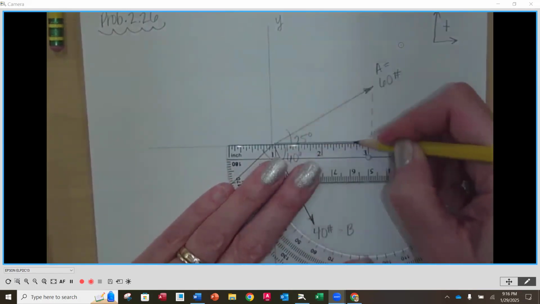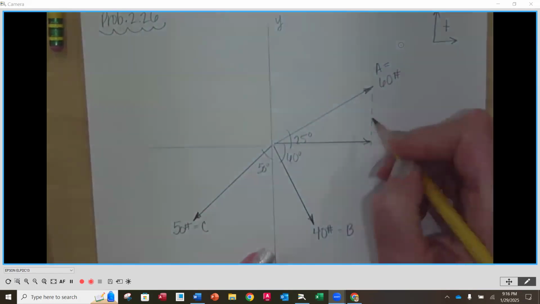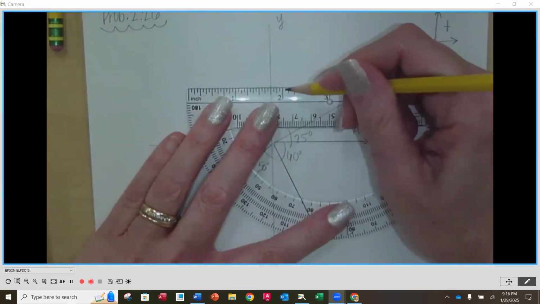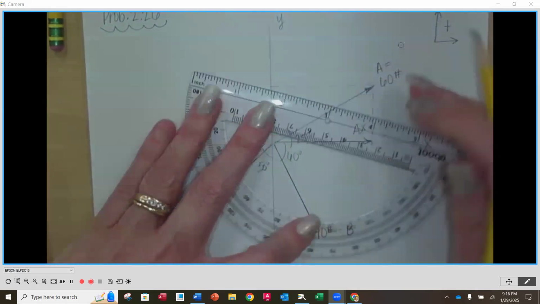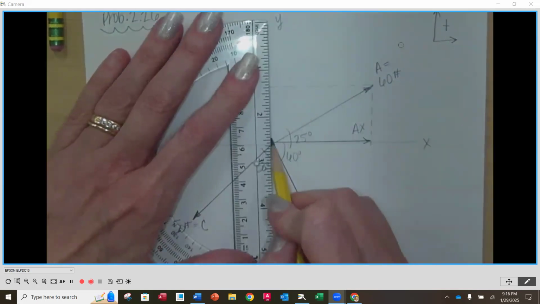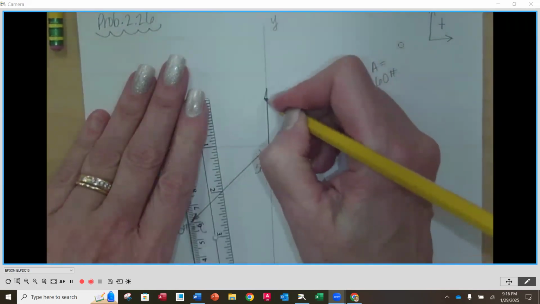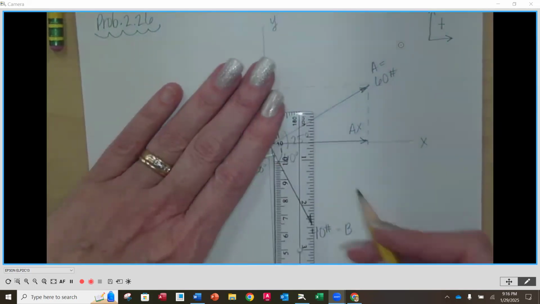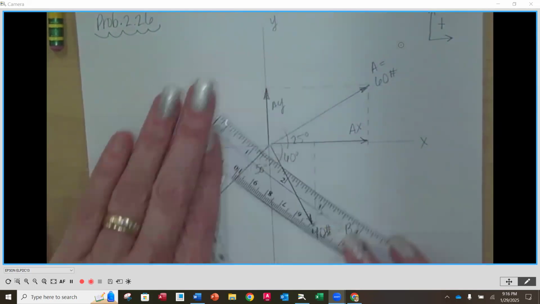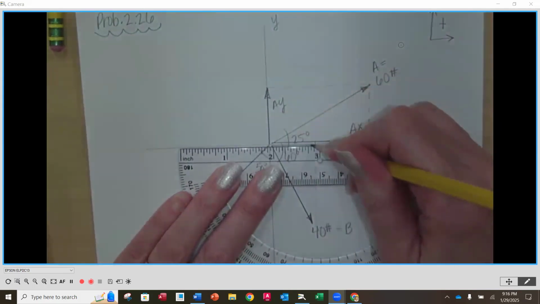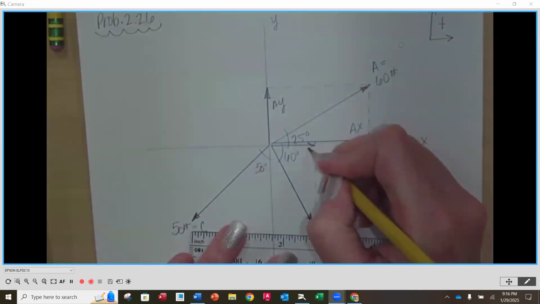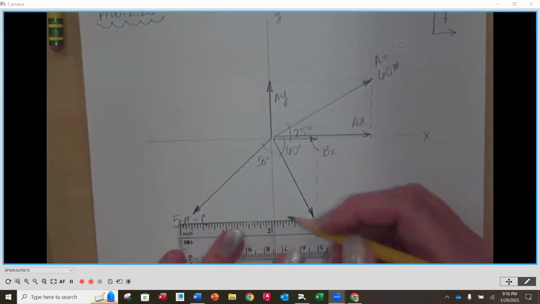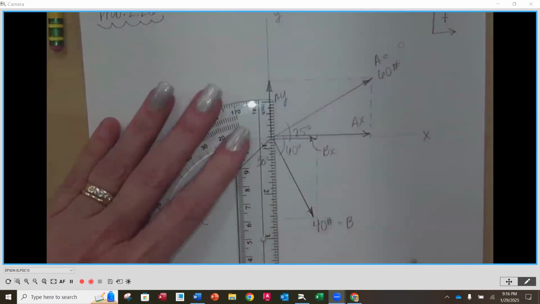So this is going to be AX, and then going across here. This is going to be AY. Then I'm going to have my 40. This is going to be BX. And going down, my BY.